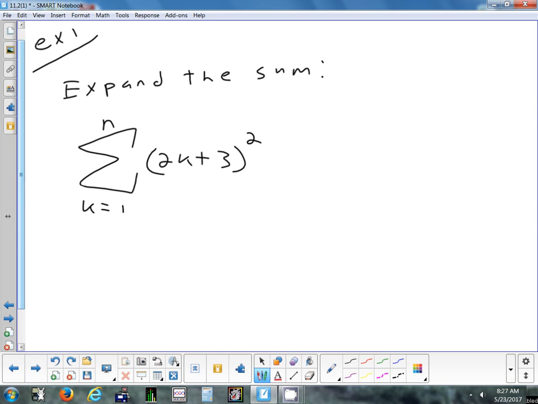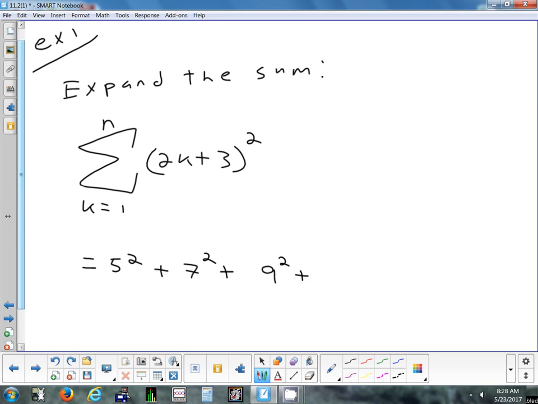All right, so let's expand this out. Okay? What's going to be my first term here? And let's just leave it as something squared. The first term would be 5 squared. If you leave it squared, you'll see the pattern a little easier and just a little quicker. How about the second term? Yep, 7 squared. Third term? 9 squared.